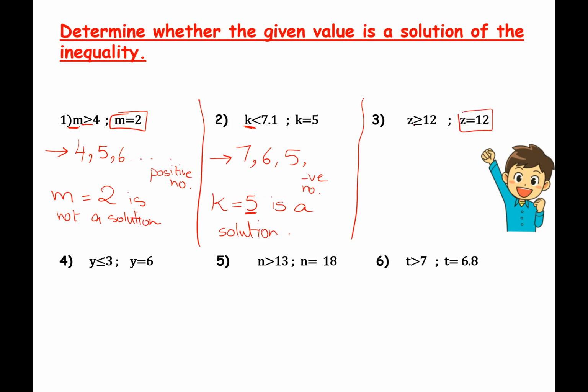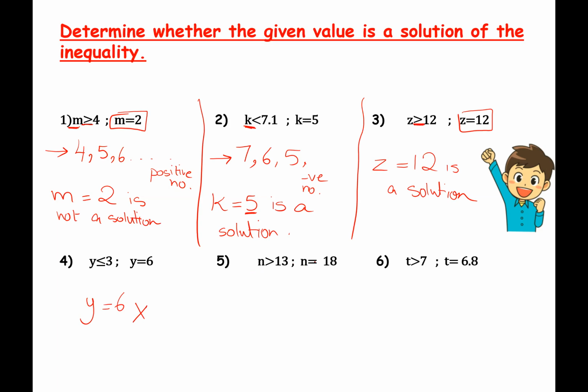Yes, it is, since we have an equal sign here, which means that z equals 12 is a solution. Y equals 6? No, since y is less than or equal to 3, it means that it can be 3 or any smaller number.